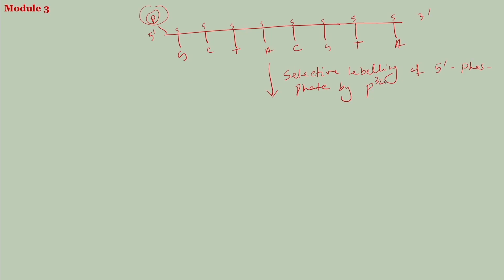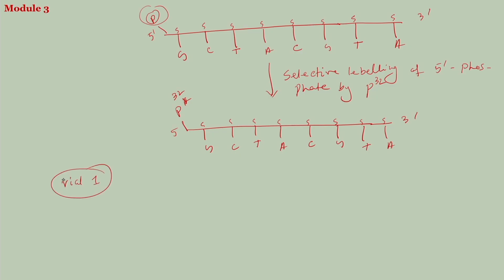This is usually done by enzyme. So, what you get your actual target P32 5' G A C G T A. So, now you can track wherever it breaks.